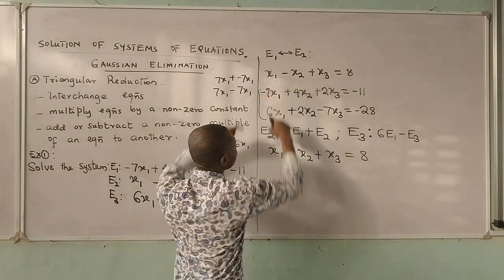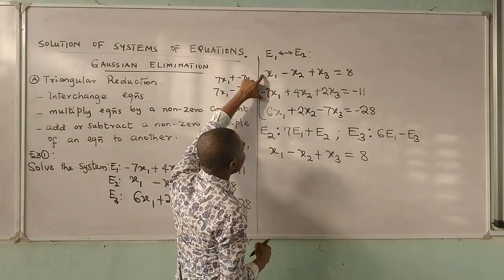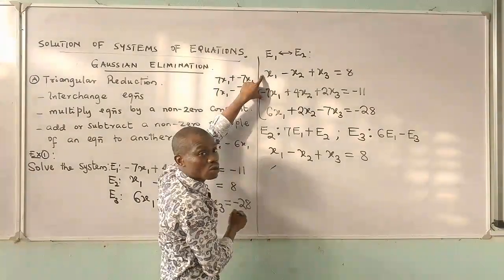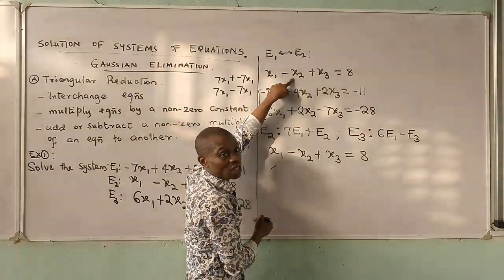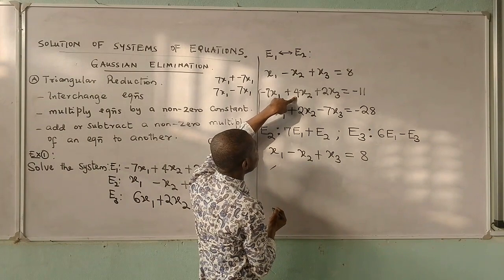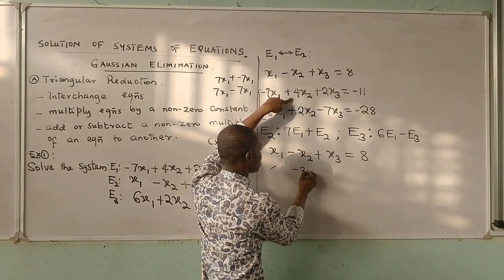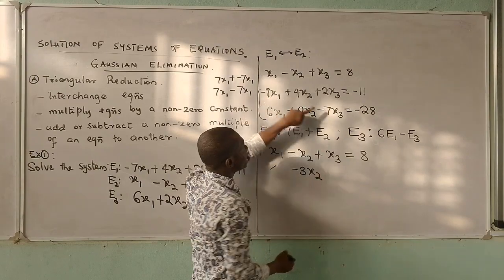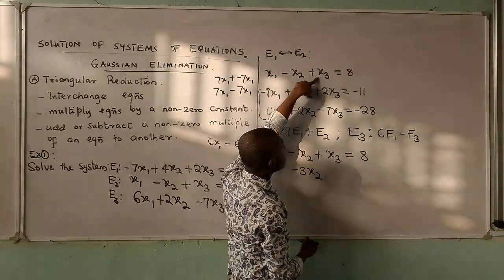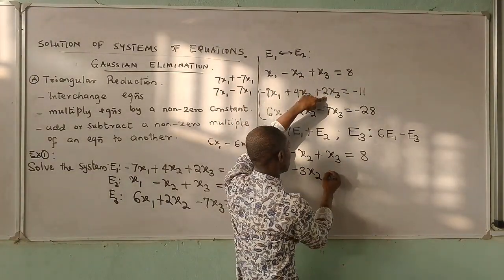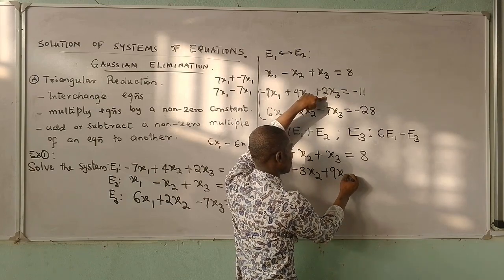So 7 times this is 7x1. And if I add it to this, I'll get 0. So here we go. Here will be minus 7x2. If I add it to this, minus 7 plus 4 will give me minus 3x2. Then plus 7 here, 7 plus 2, that will give me 9x3.